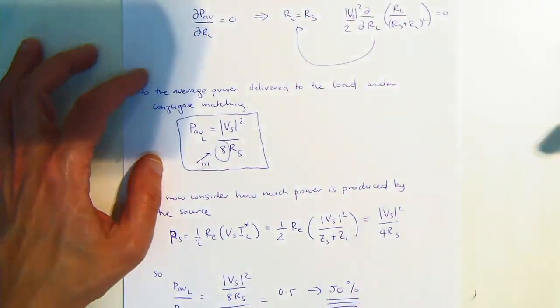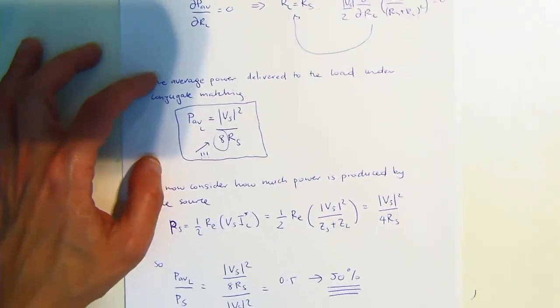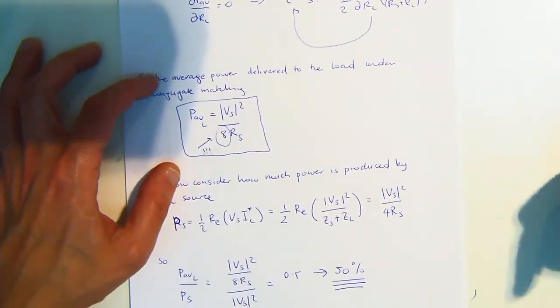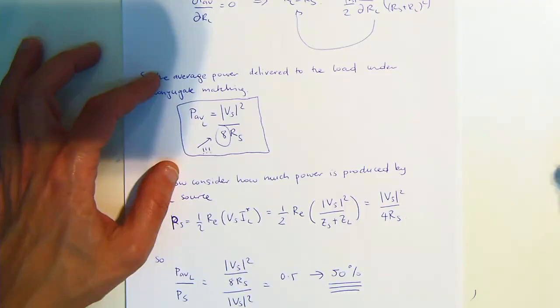So if you go through the mathematics, all we've proven is that if you've got a known fixed source impedance, the maximum power is transferred to the load when the load is the complex conjugate of the source impedance.